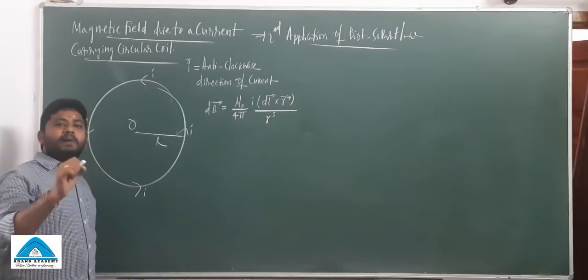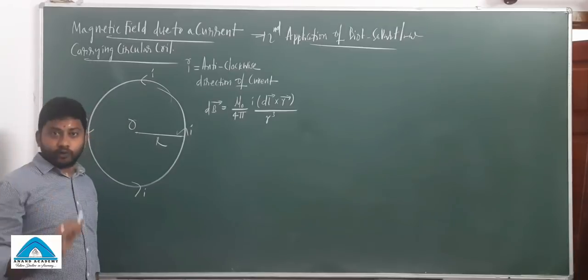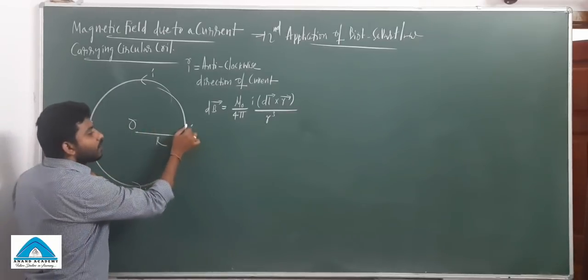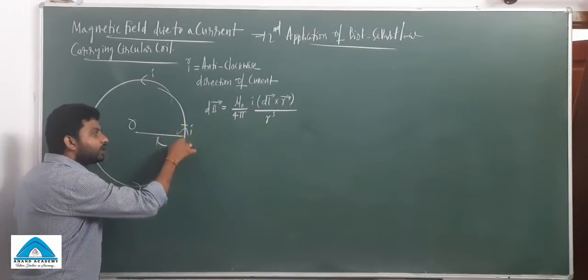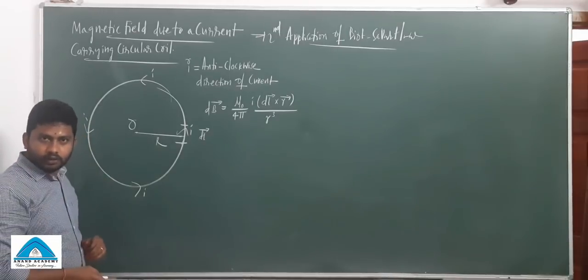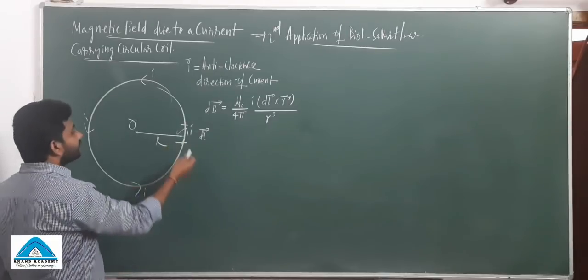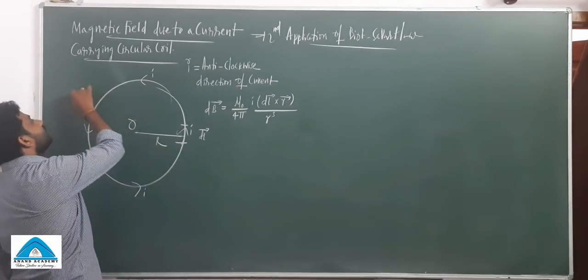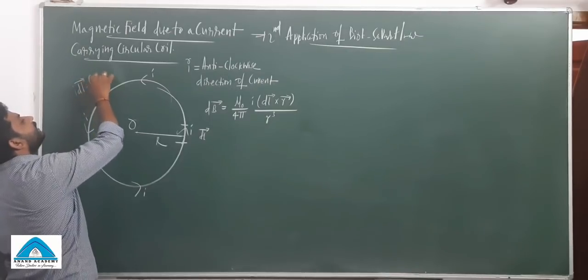So dl bar is a small length element through which the current is flowing. So let me take a small length element through which the current is flowing. See, this is a small length element through which the current is flowing. And the current element is I dl bar.